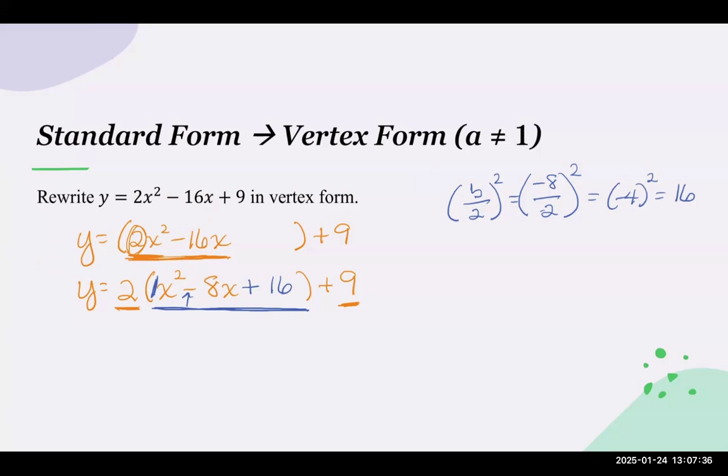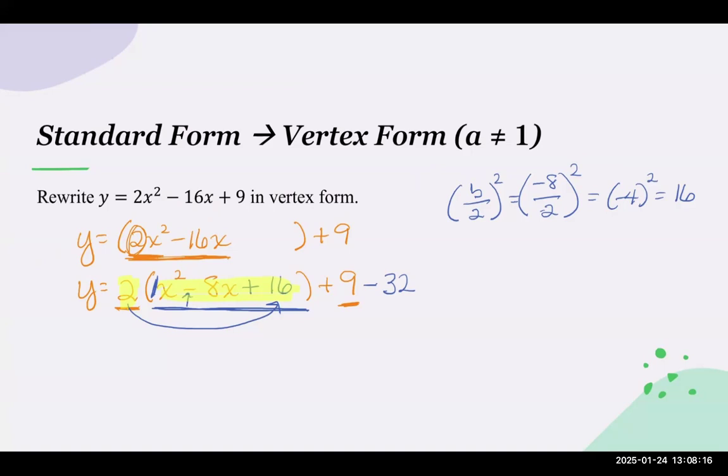Because remember, this 2 is being multiplied by everything inside this parentheses. So we did not just add a 16, we really added a 32 to create this perfect square trinomial. So the balance on the outside is not a -16, it is a -32 in order to create the net effect of 0.